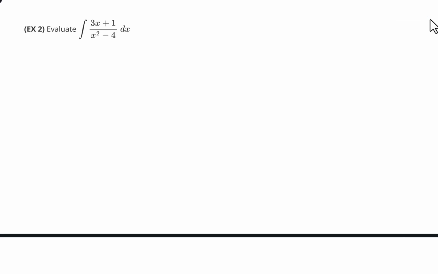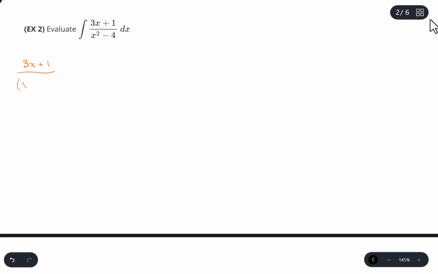And in this case, we have 3x plus 1, and this denominator of x squared minus 4 being the difference of squares, we would have x plus 2 times x minus 2 in the denominator. So that's two linear factors that are distinct. So that means there will be some constant above the x plus 2 and possibly some other constant above the x minus 2.